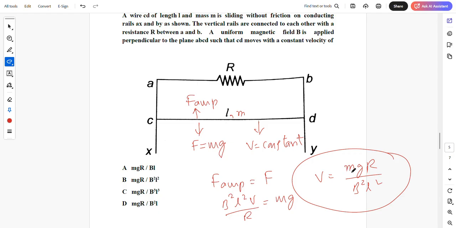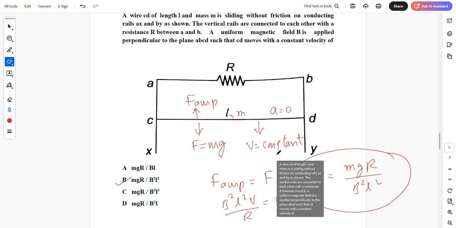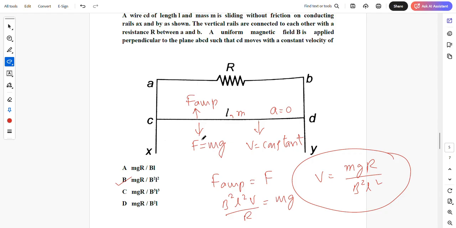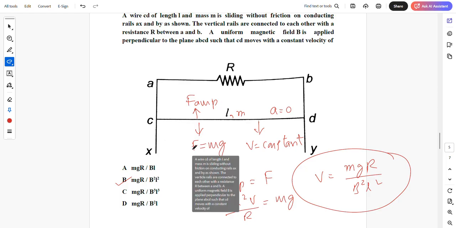Hope you understood this. At that time, acceleration is 0, velocity is maximum, that is called terminal velocity. These two forces are equal. This is the Amperian force and this is the force that is exerting on the rod.